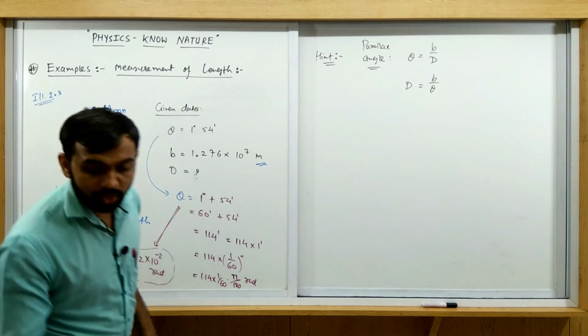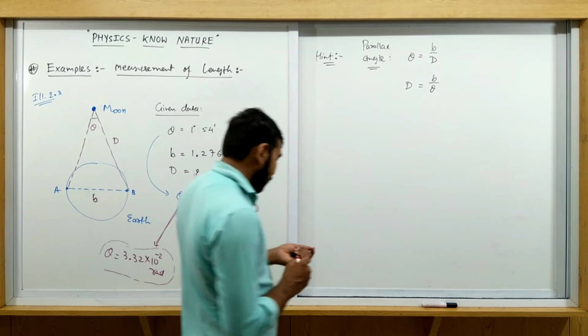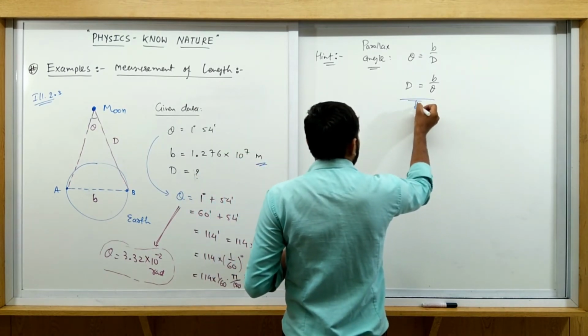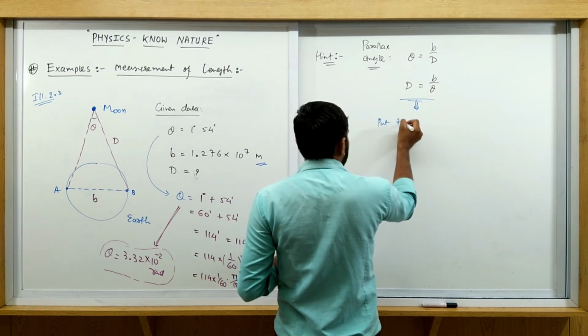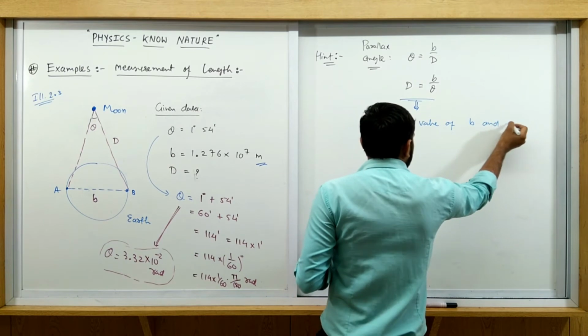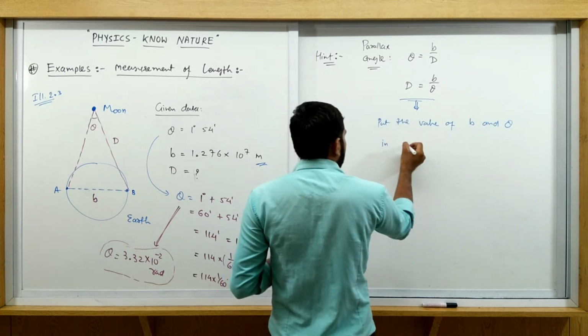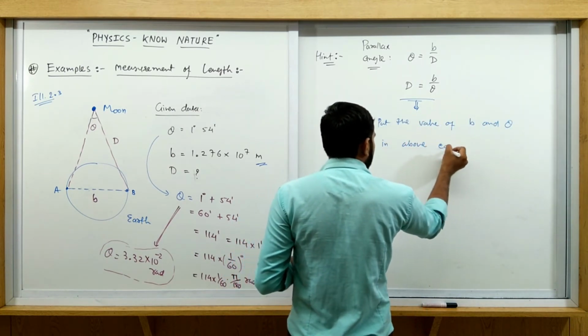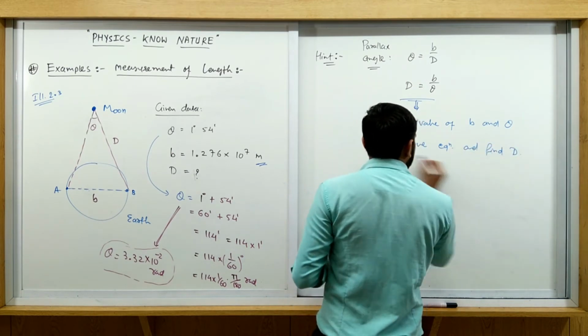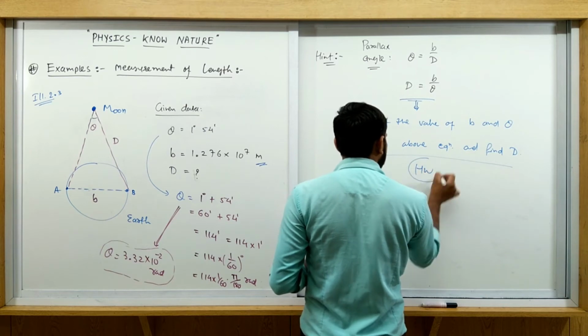Put this value in this equation and finally calculate the answer. Put the value of B and theta in the above equation and find D. The remaining calculation is homework.